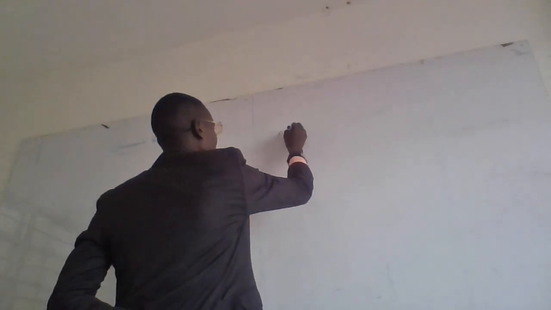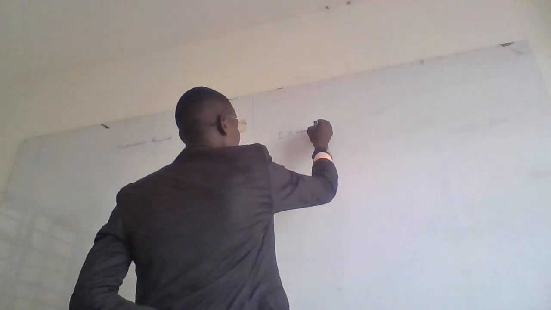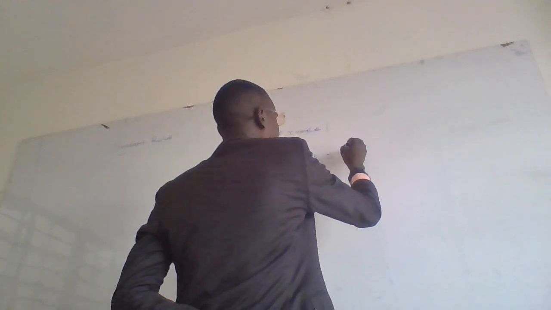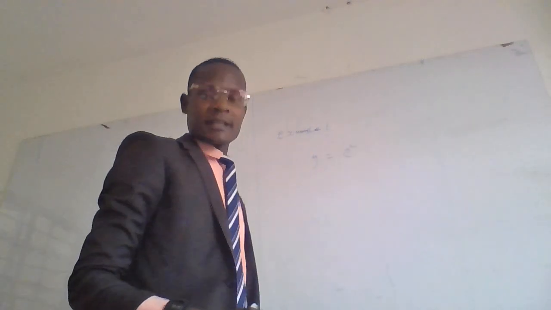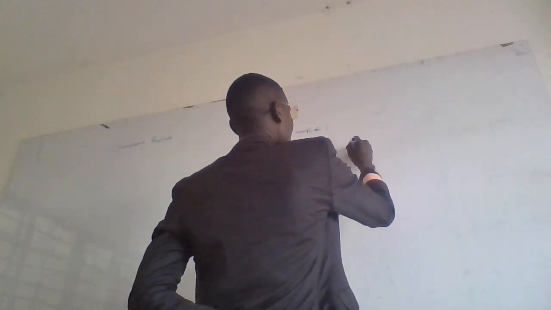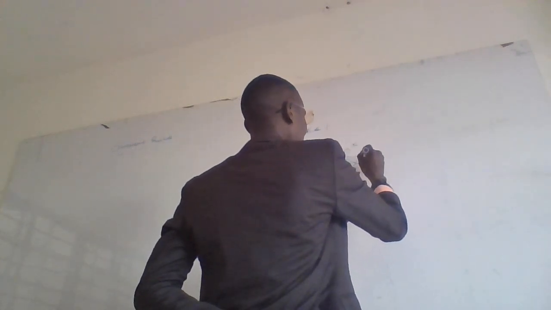Then we start with the quotient rule. And we take an example. Example 1: we have y is equal to exponential x over x squared.